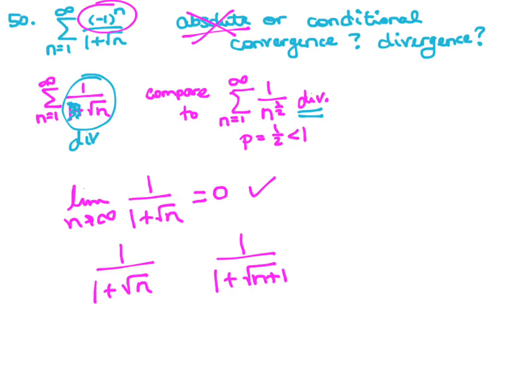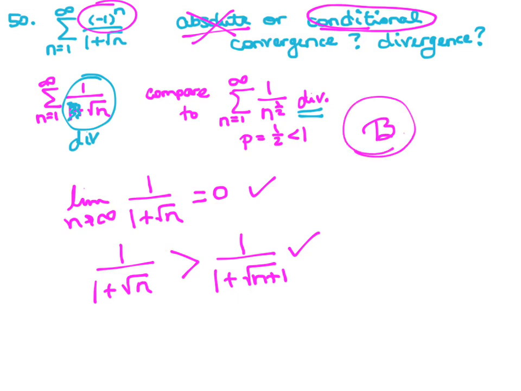Yes, it will be smaller because the denominator is bigger and that makes the fraction smaller. Therefore, our terms are decreasing, and so our series does converge by the alternating series test, which makes it conditionally convergent, and answer B is the correct answer.